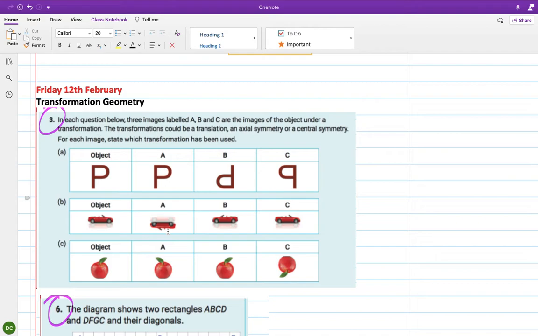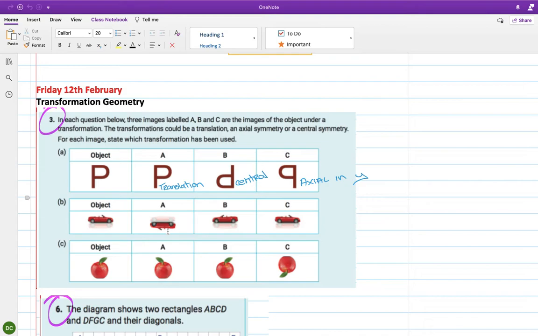The first one is not upside down or back to front or flipped over, so it's just a translation. The second one is upside down and back to front, which means it's central, and that one is just flipped through the y-axis, so I'll say axial in the y.